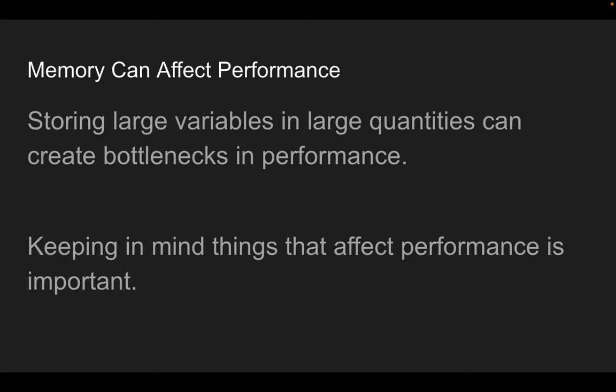If I have large objects stored in a very large array, and I have to do maintenance operations, inserting into the array at a certain point and removing objects at a certain point, that's going to create performance bottlenecks. Your processor has to go to one side, retrieve the memory, pull it into the processor, switch it, write it back to memory, and do all of these things back and forth until it gets written to RAM at a certain level. So it affects performance.